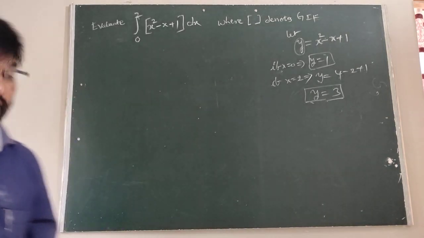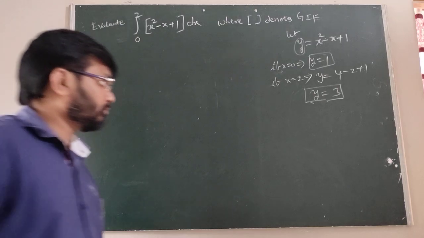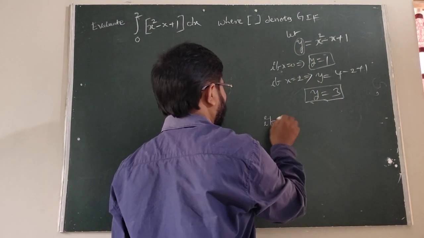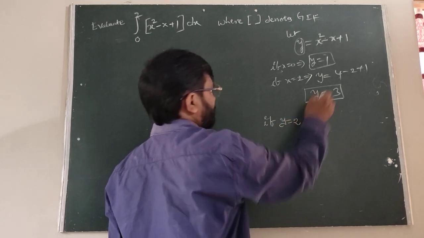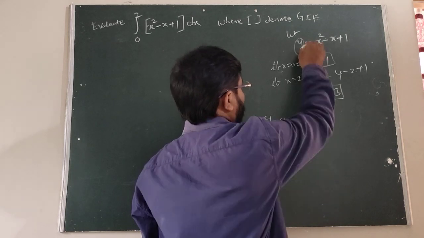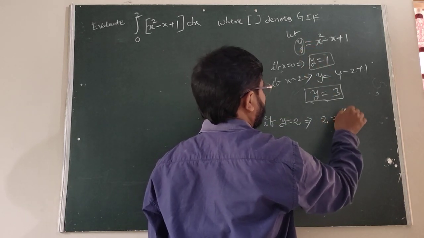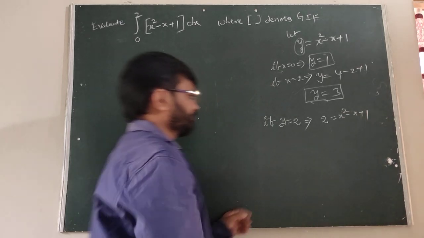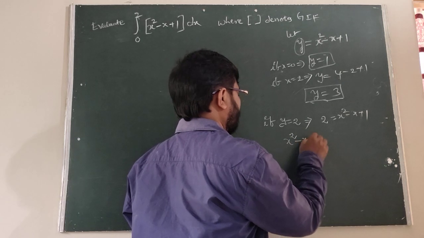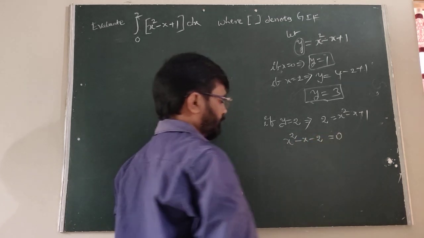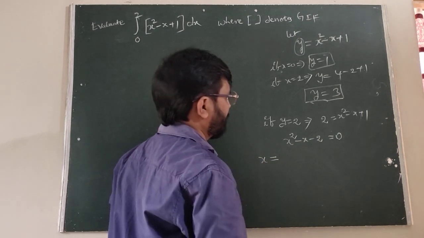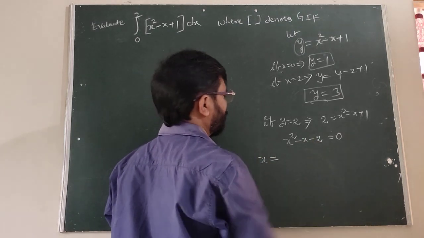If y equals 2, then 2 equal to x square minus x plus 1. Therefore x square minus x minus 2 equal to 0. Therefore x equal to, now here 2 ones are 2.